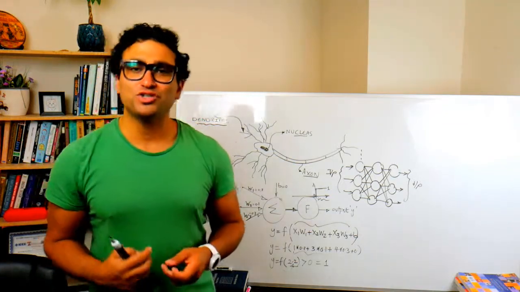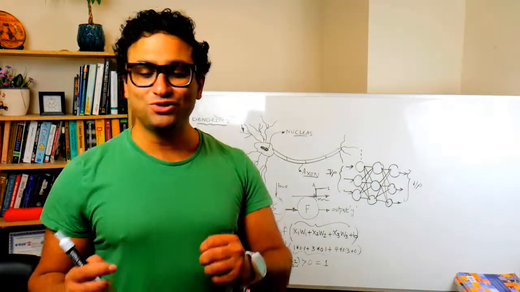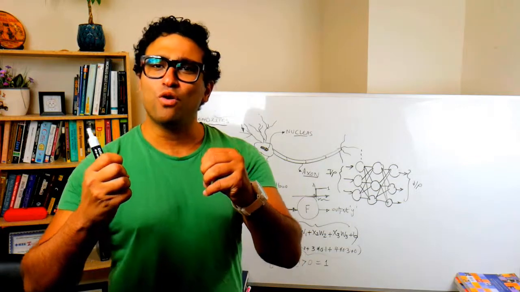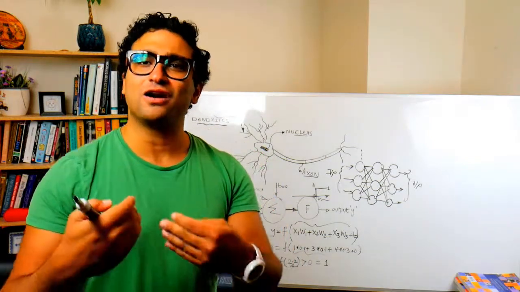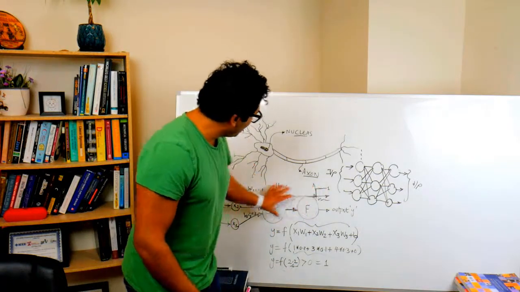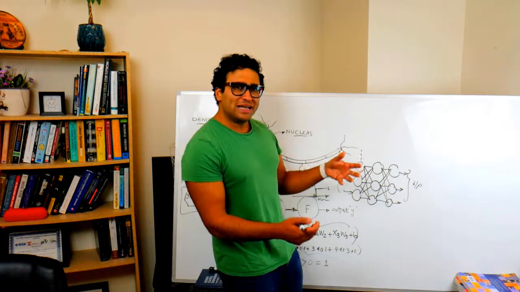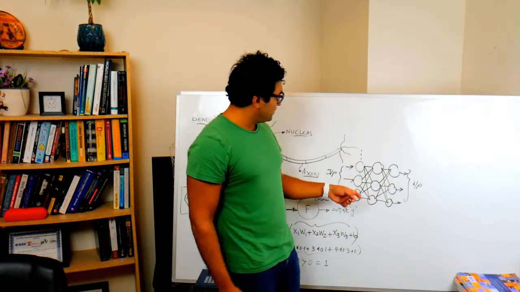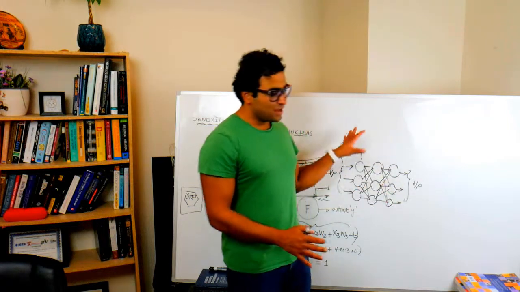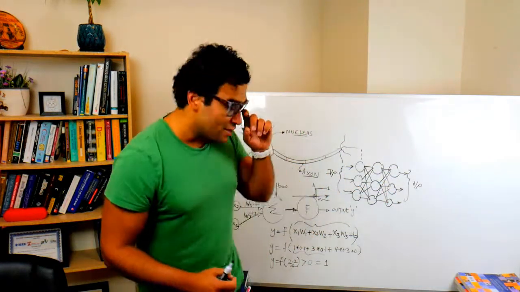So what we do in general, obviously we're not going to build hundreds of billions of neurons, but what we're going to do is build what we call a multi-layer artificial neural network. Instead of having one neuron, let's connect many of them: 1, 2, 3, 1, 2, 3, 1, 2, 3. We're going to build what we call a fully connected artificial neural network.